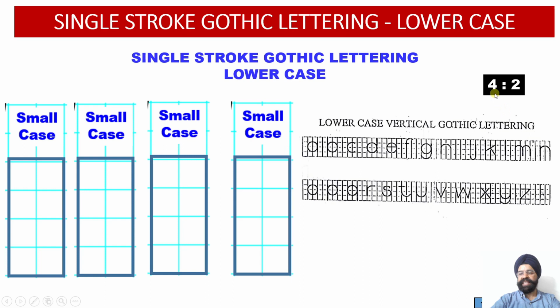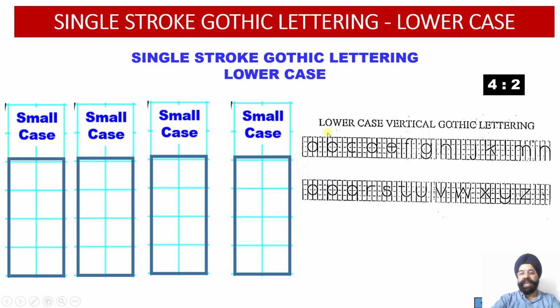The smaller case alphabets are written in the ratio of 4 is to 2, where 4 is the height and 2 is the width of the alphabet. You can see the body of the alphabet, just like A, this is B. The body will be in the central portion, and those alphabets whose structure moves upward, what are those alphabets?